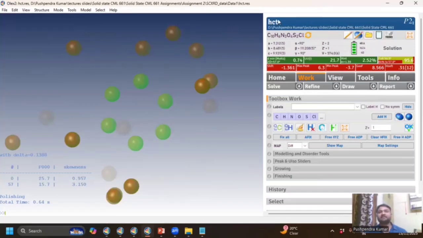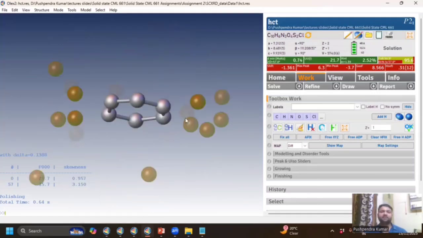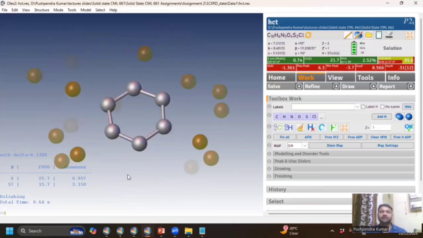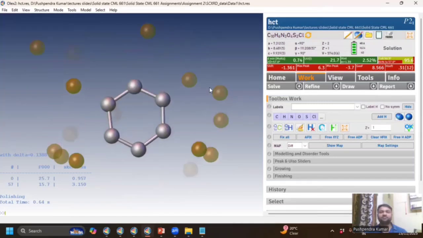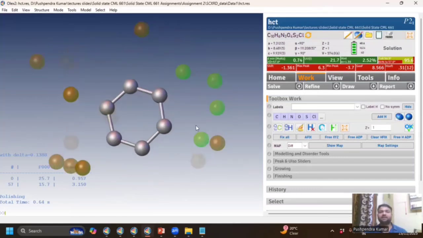We know that in the HCT molecule there is a six-member carbon ring, so we mention it as carbon. We also know about the structure of the HCT that there is another ring adjacent to the six-member ring. So we can also select these atoms by simply clicking on the atom, and we give carbon firstly.